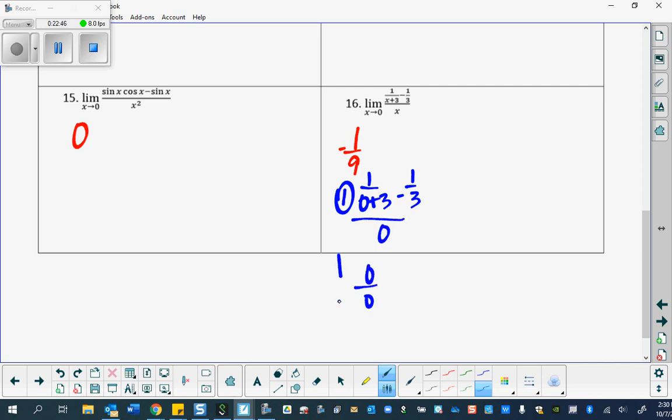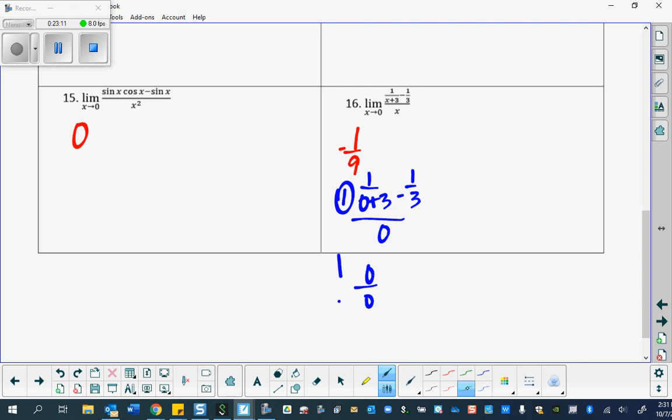That gives me 0 over 0, and I'm crying because that's not allowed. That's my indeterminate form. Hey, the word indeterminate means I can't determine it. Try that on your mom and dad next time they ask you, hey, when are you coming home? That's an indeterminate form, Mom. It can't be determined.